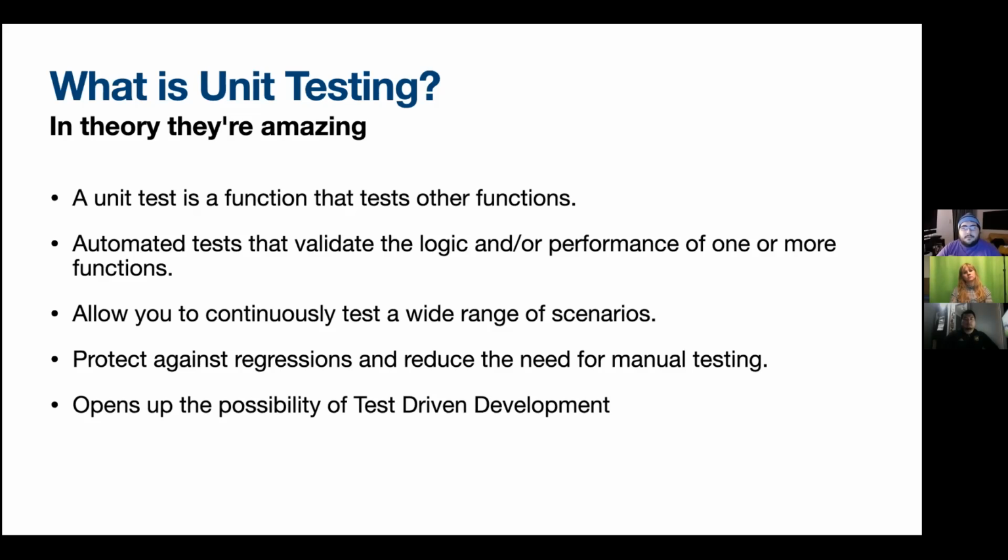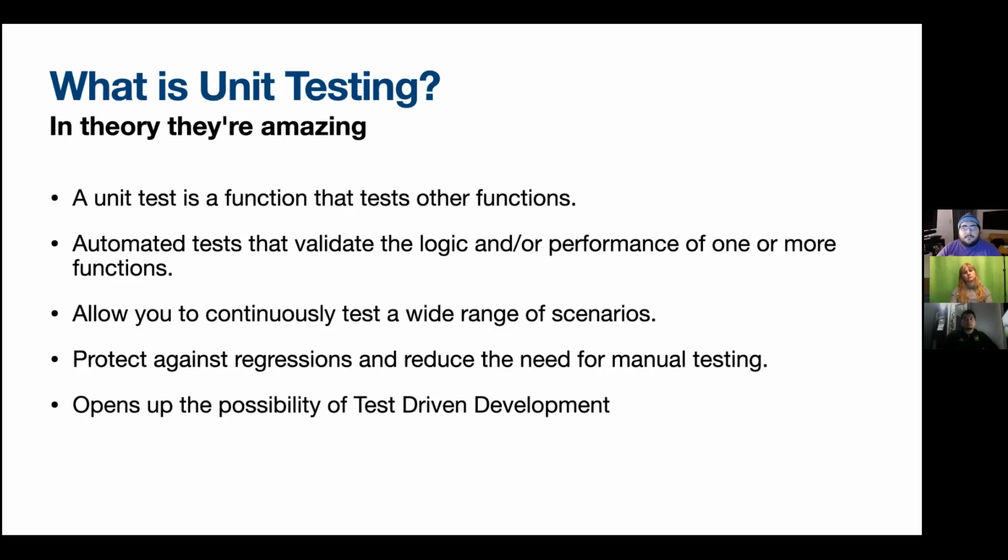And so what you can do is every single time you commit your code or every single time you merge a pull request, those tests can be automatically run, and it can tell you, yes, everything is going right, or no, there was something in this specific pull request that broke this test, right? So unit tests, one of their main purposes is to protect against regressions.